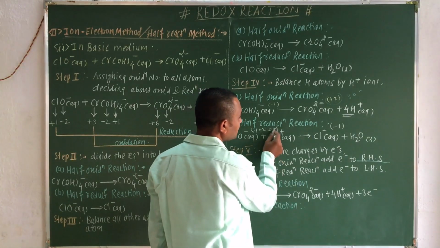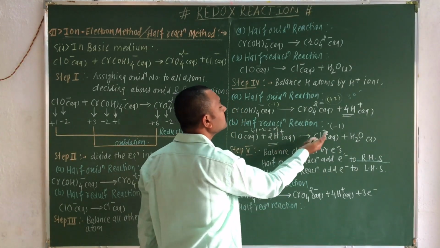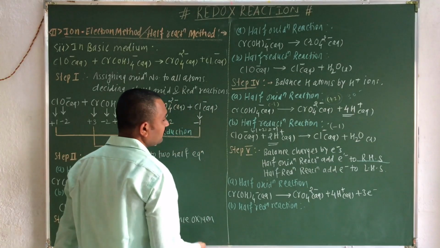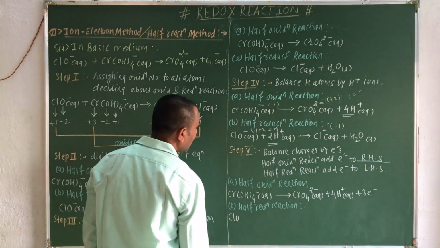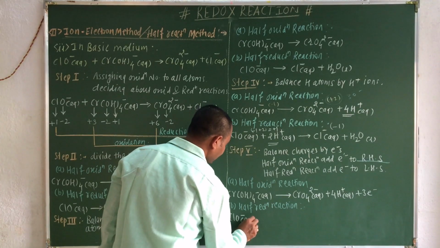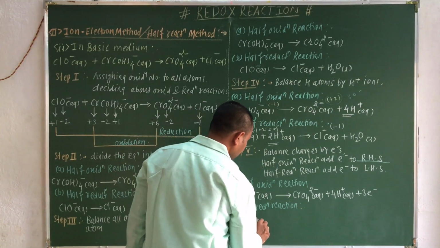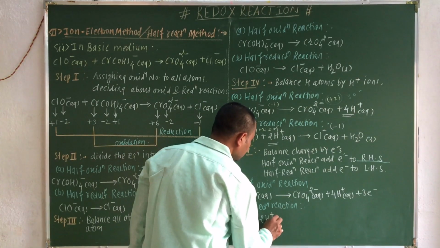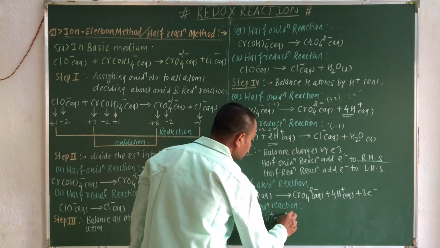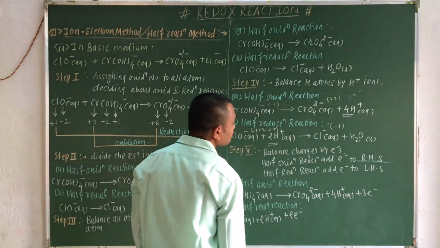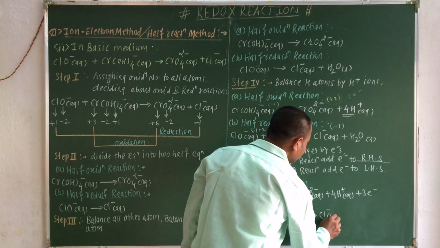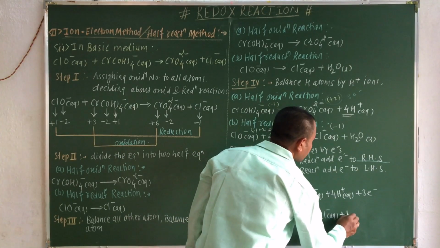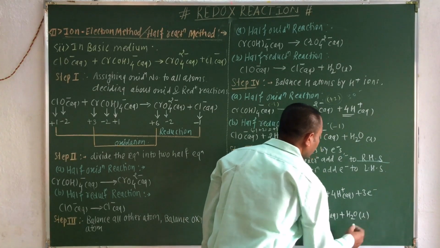If we add 2 electrons, it will convert to -1. So again modify that equation. It is very simple logic, that is ClO minus aqueous plus 2H plus aqueous plus 2 electrons gives Cl minus aqueous plus H2O liquid.